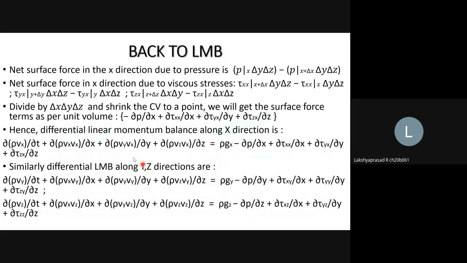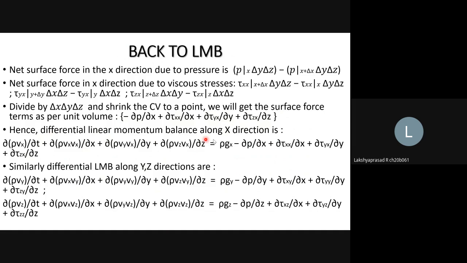We add all of these terms, divide by delta x, delta y, delta z, and shrink the control volume to a point, and thus we get the surface force term per unit volume: minus dou p by dou x plus dou tau xx by dou x plus dou tau yx by dou y plus dou tau zx by dou z. As you can see, the second subscript here is x because we are conserving momentum along the x direction.